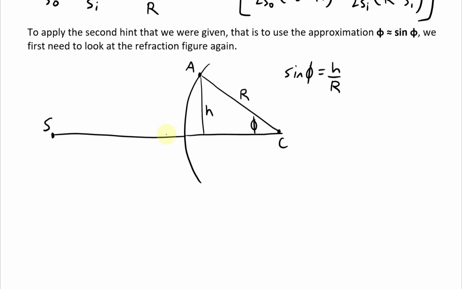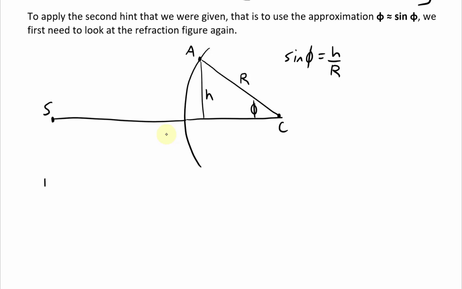This equals h over radius r. Thus, if we approximate phi as roughly equal to sine phi for small enough angles, this is going to be equal to h over r. So we can solve for our h value.